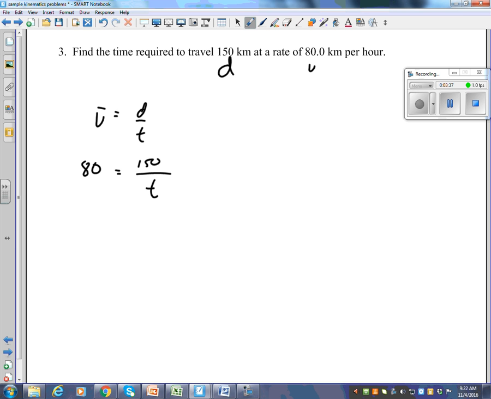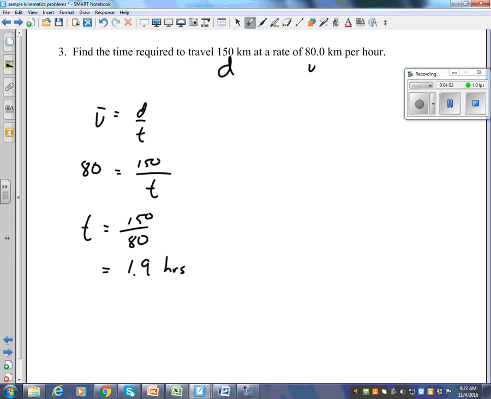Yeah, Emily's got it. 150 over 80, which is a little less than 2. What is it? 1.875. So we'll go 1.9.